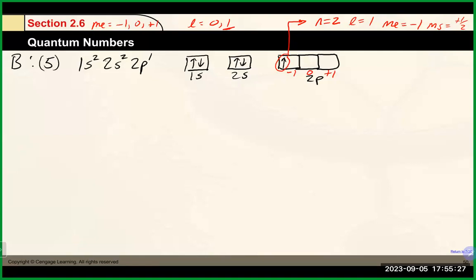So looking at carbon next, which is 6, it's going to give us 1s2, 2s2, 2p2 in this case. So we'll have our boxes here.